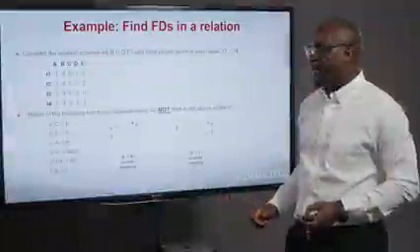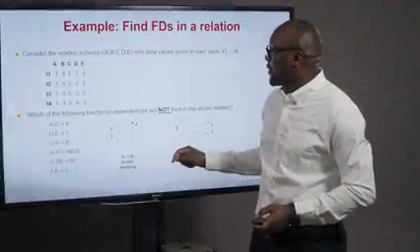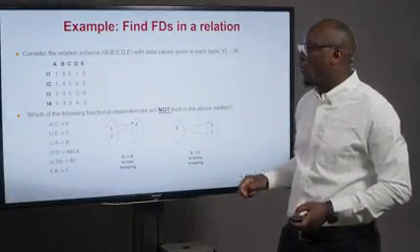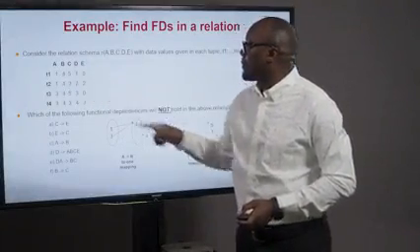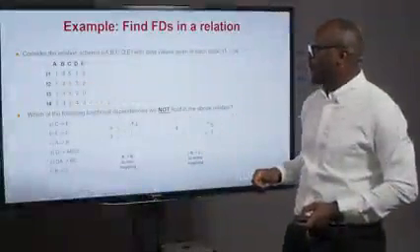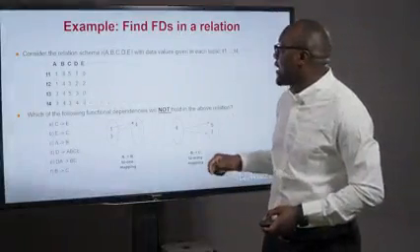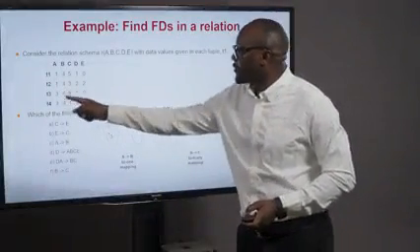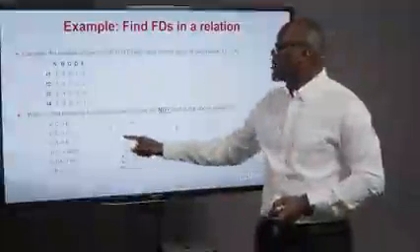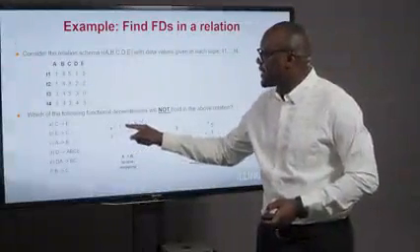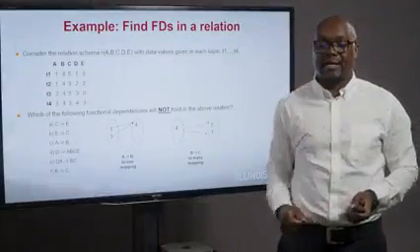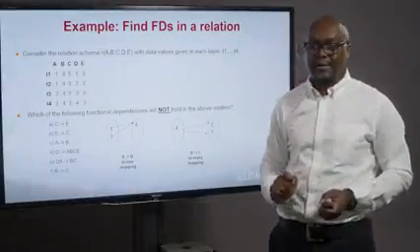Let's look at the mapping here. 1 points to 4, and still 1 points to 4. That's a good argument. 3 points to 4, 3 points to 4, and 3 points to 4 again. So this is a 2-1 mapping. One instance points to the dependent only 2-1.